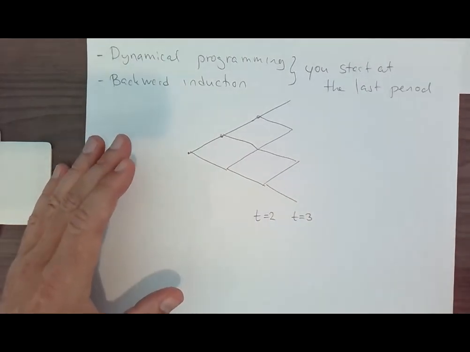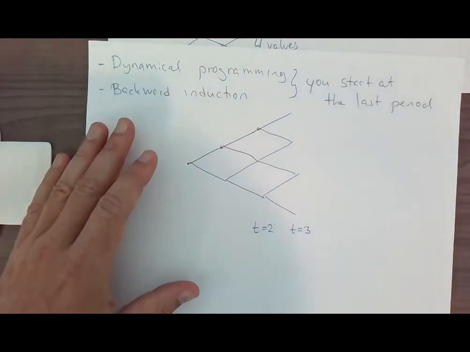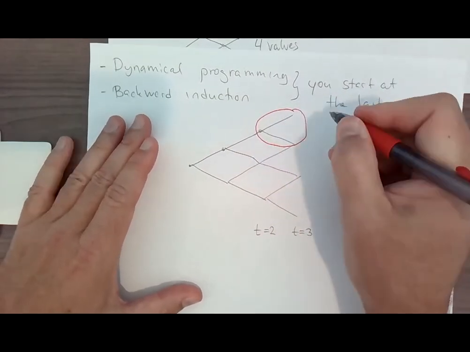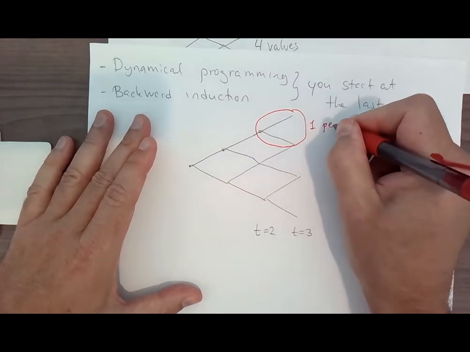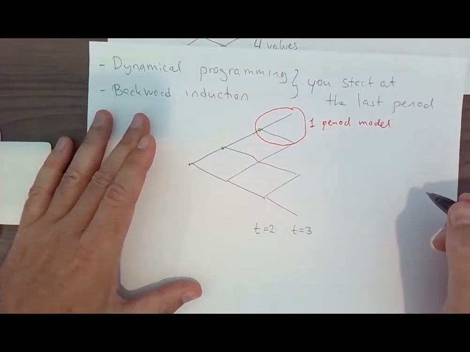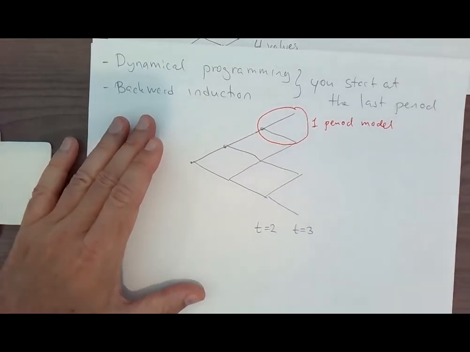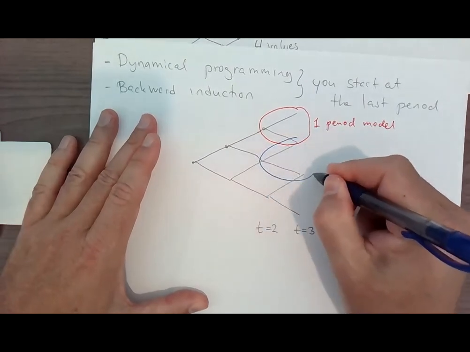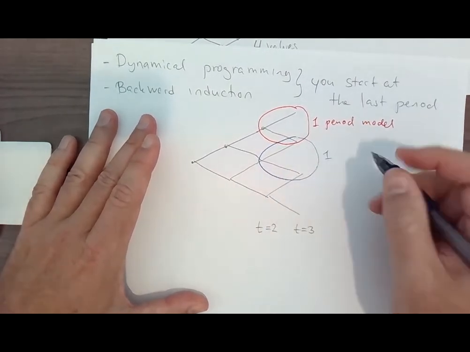And what you see now is up here in the corner, this here is a 1-period model. There's a different color. This here is a 1-period model.